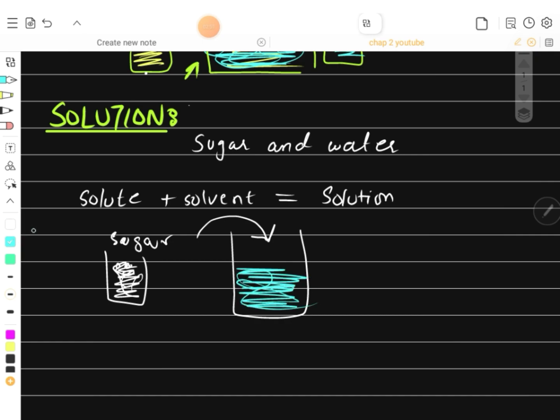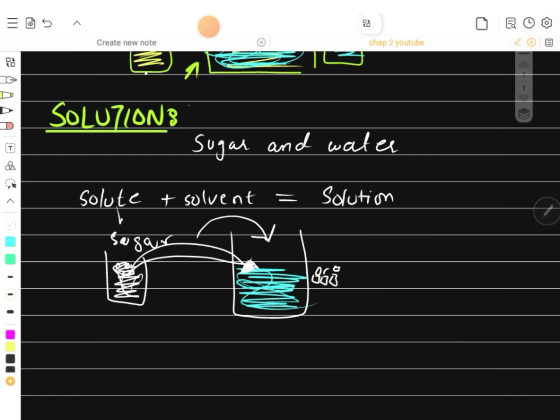The particles of the sugar are not just mixed in this. They're going to be dissolved in it and prepare a solution. The particles of sugar are going to start to disappear after some while. When you keep on stirring it for about a minute or two, you no longer see the particles of the sugar, because these particles are dissolved in the aqueous solution, the liquid, and it makes a solution.